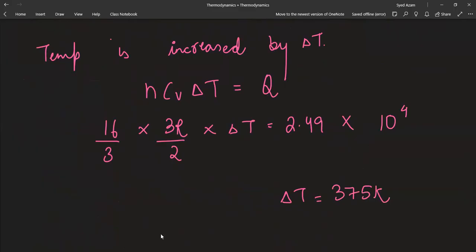Okay. The change in the temperature will come around 375. So the issue is that this is not the final temperature. What is this? This is the change in temperature.